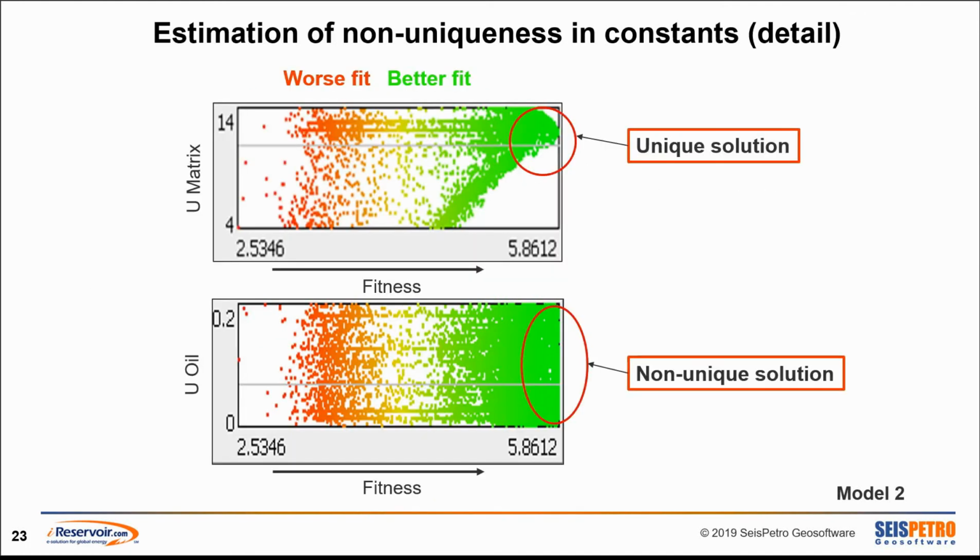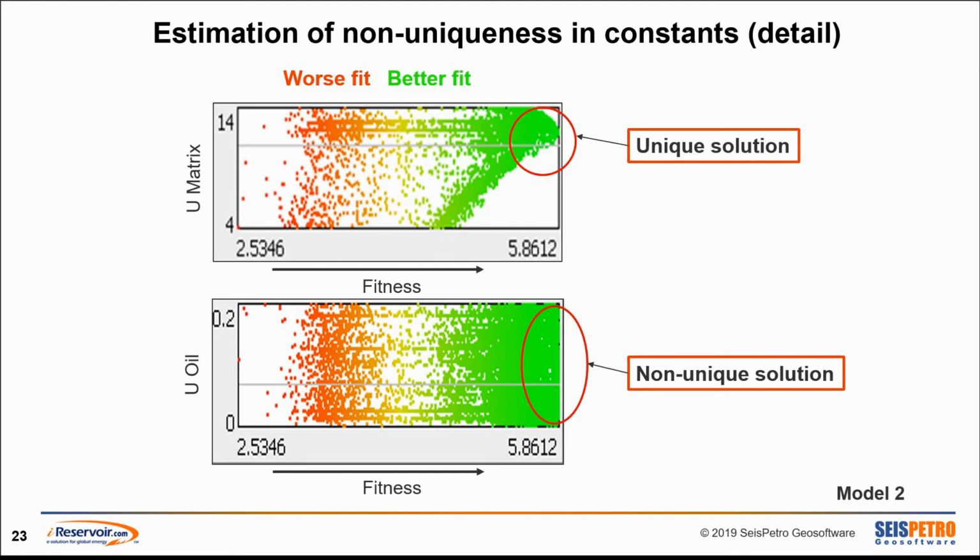Another output of the algorithm is a cross plot of the fitness versus the parameter for each individual that was tested during the optimization. In these plots, every dot represents an individual.